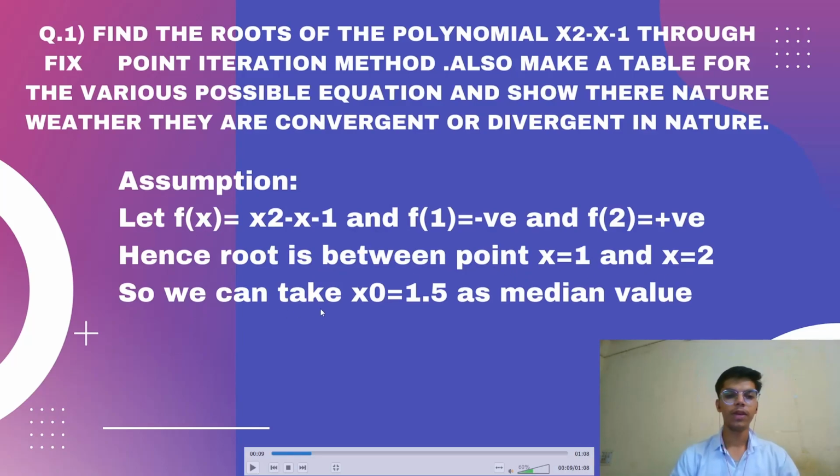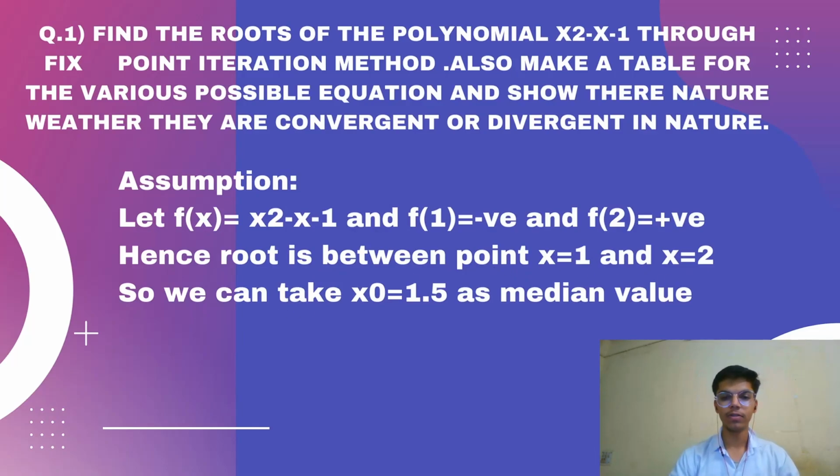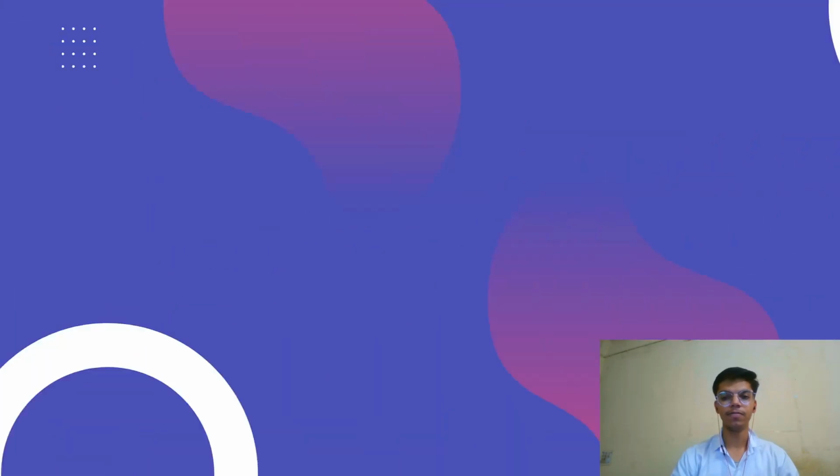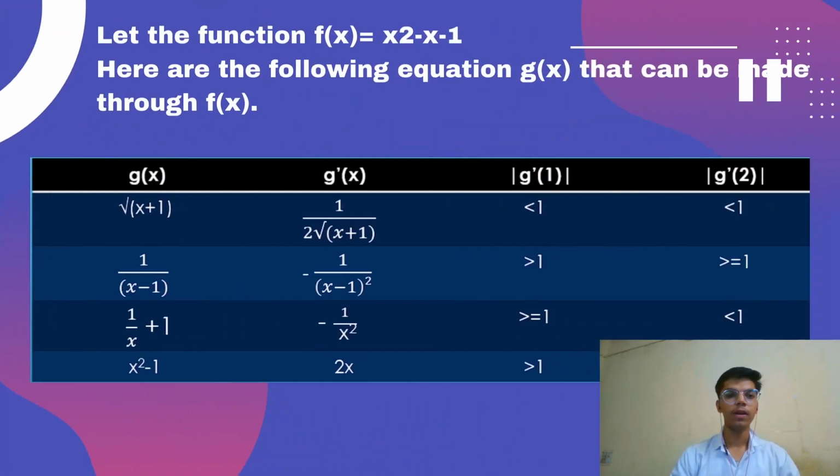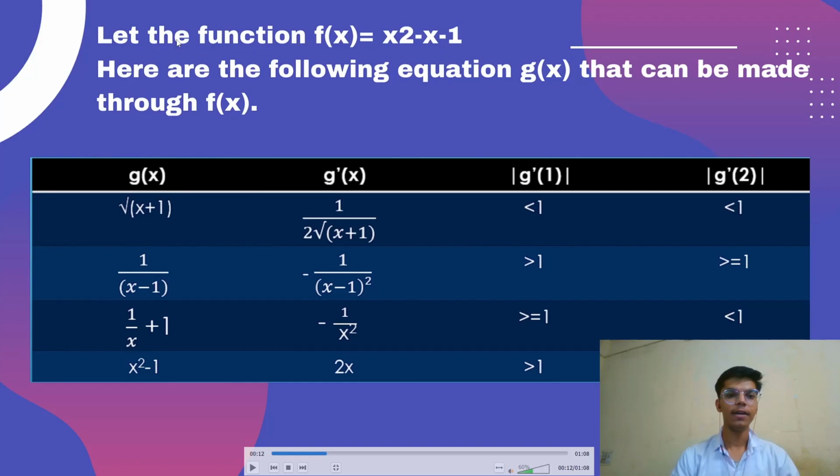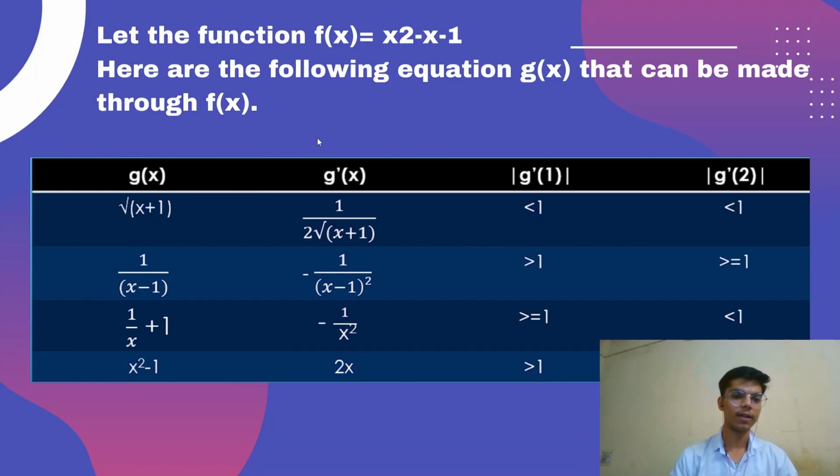So we can take x0 equals 1.5 as a median value. Now let the function f(x) be equal to x square minus x minus 1, and here the following equations g(x) can be made through f(x). So g(x) is a function which is expressed in the form of x.